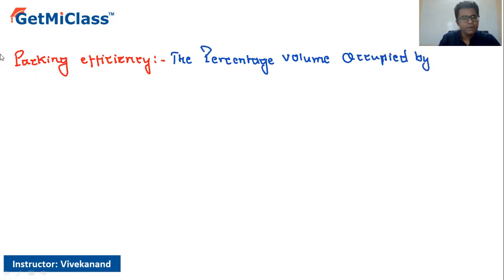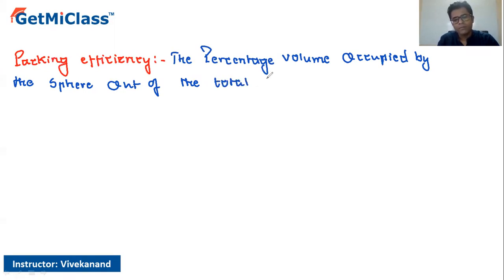That is the percentage volume occupied by the spheres out of the total volume available in the unit cell.